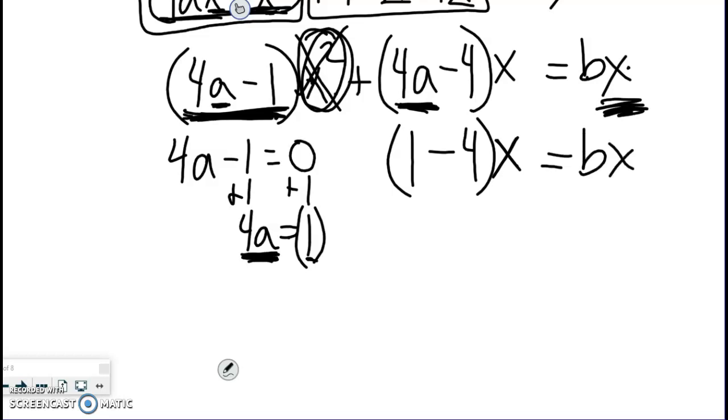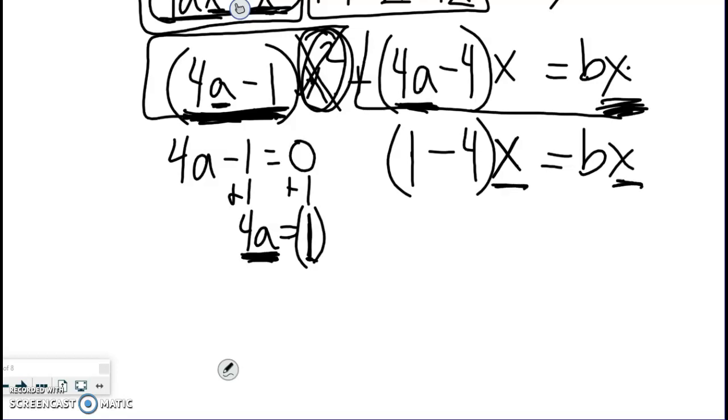Okay? Let me backtrack a little bit. How did we get rid of all this stuff? We found out what this has to equal to become 0. If it's 0, there goes our x squared, and we're left with just the rest of this information. We found out that 4a would have to equal 1, so we substituted in a 1 for 4a, and now we can solve. Okay, we have our x right here.